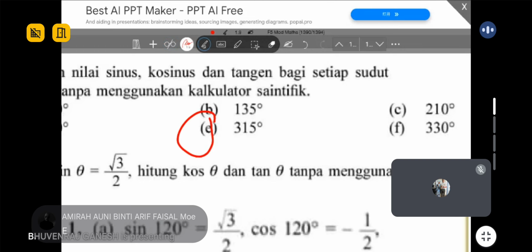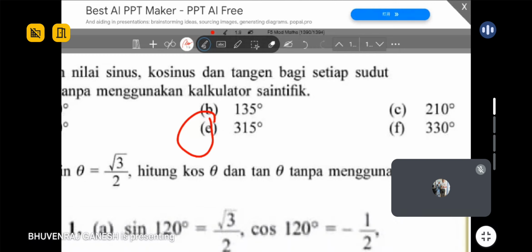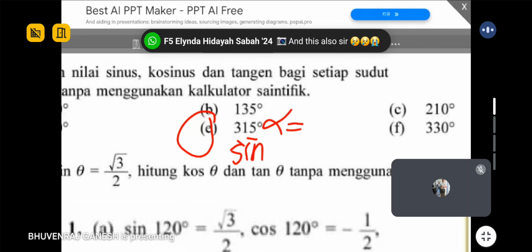Basically, we have to find sine 315, cos 315, tangent 315. Kita kena cari 3 ni tanpa guna calculator, without calculator. Okay, we start with sine first. So sine 315. First step, reference angle, guys. How much?